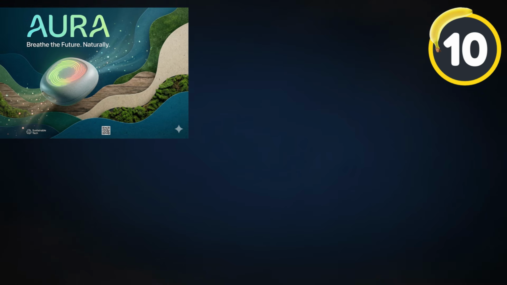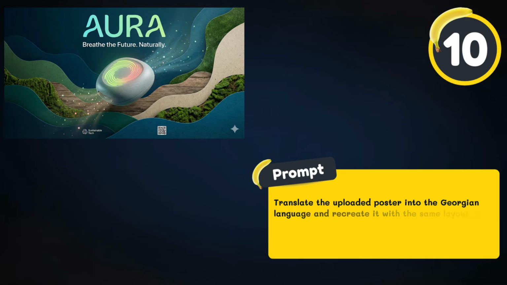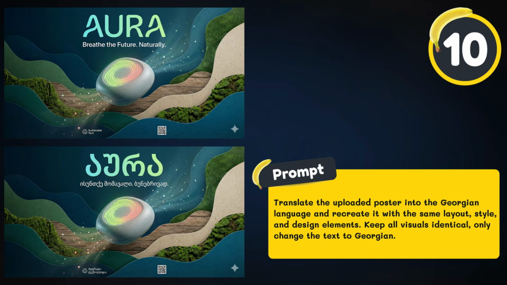For the final use case, I wanted to test something super practical, translating a poster into another language while keeping all the design elements, layout, and visuals exactly the same. So first, I generated the original poster in English, then I asked Nano Banana Pro to recreate the entire poster, but this time in Georgian, which is my native language, and what's impressive is that I didn't have to redesign anything manually.